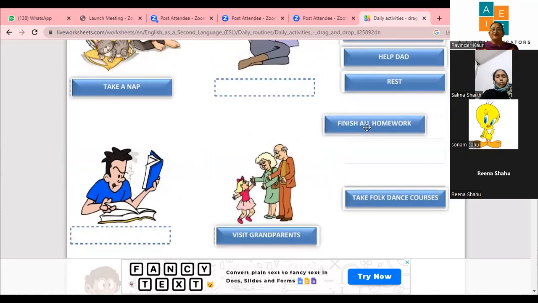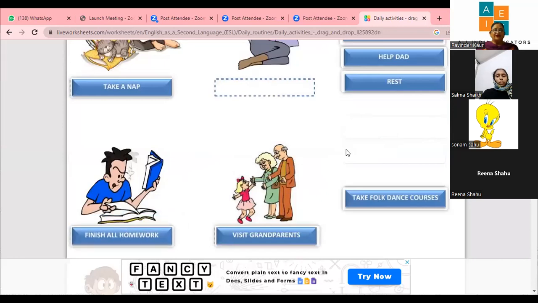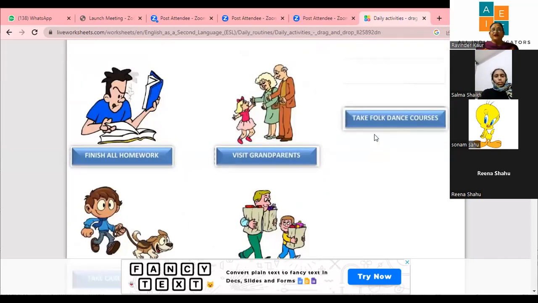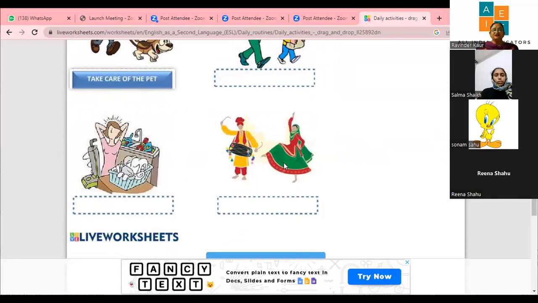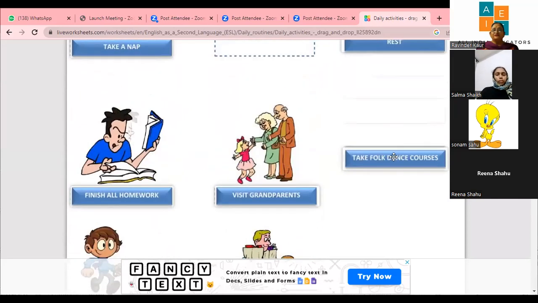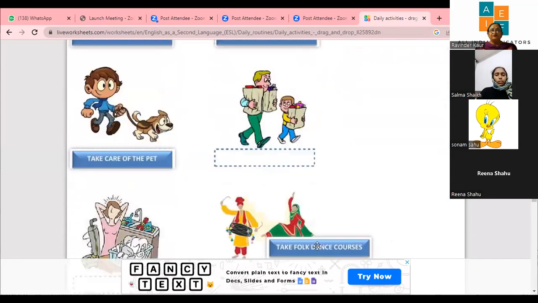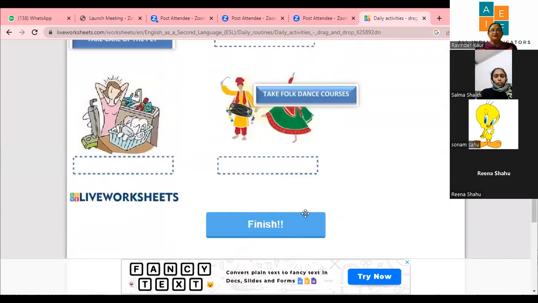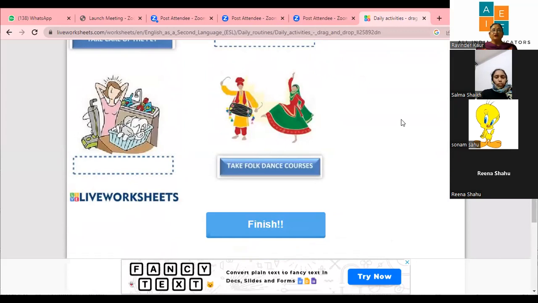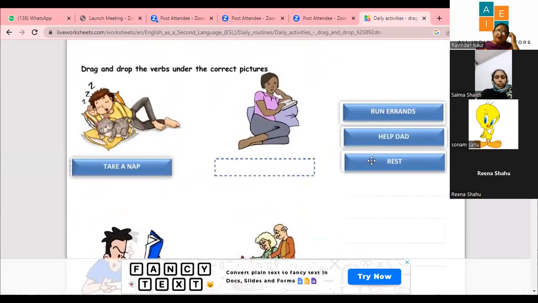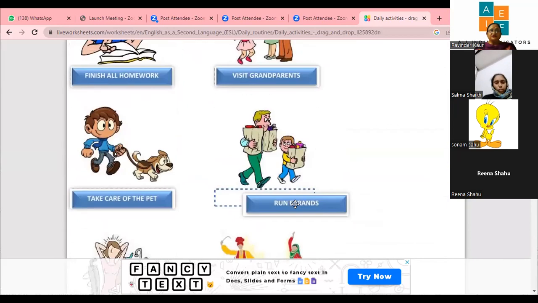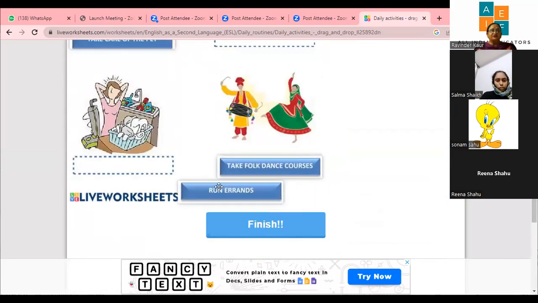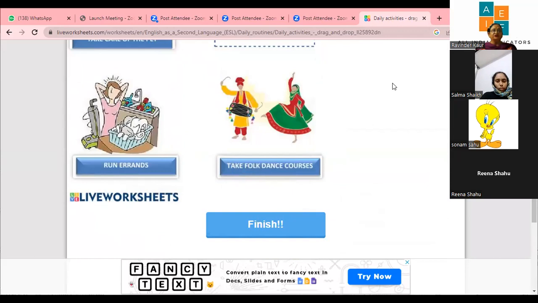Then take folk dance. Is this folk dance? Yes. Okay. Then we have run errands. She is doing work. Running errands means doing small work.